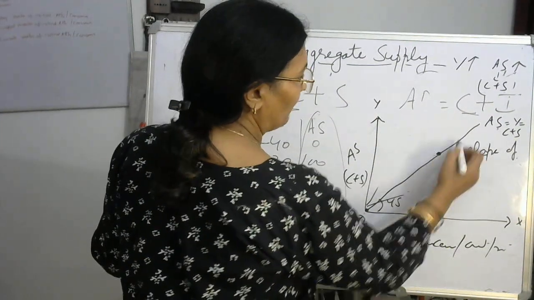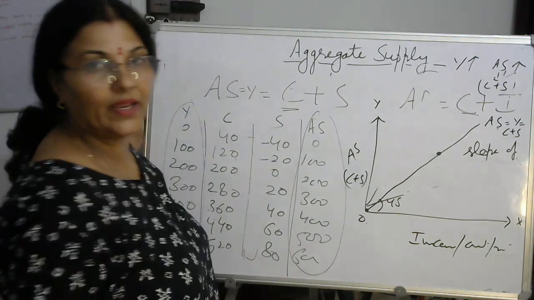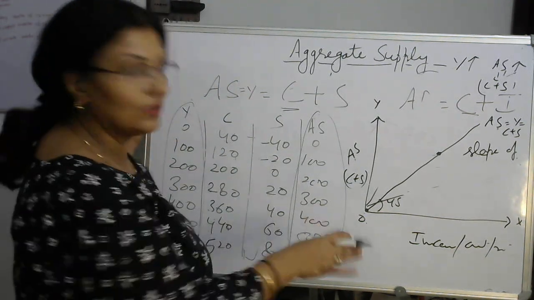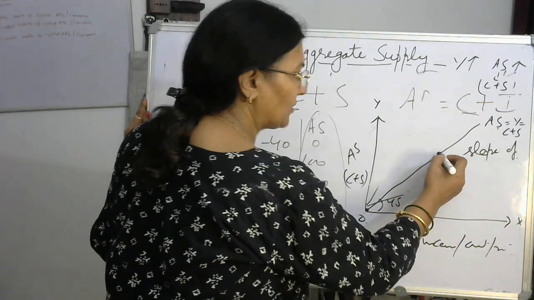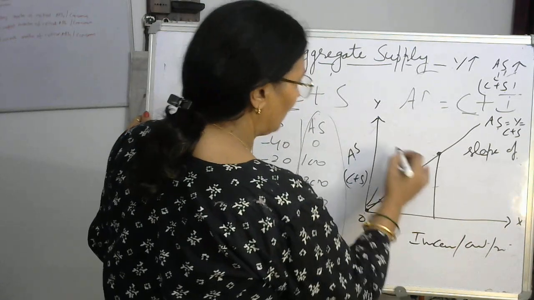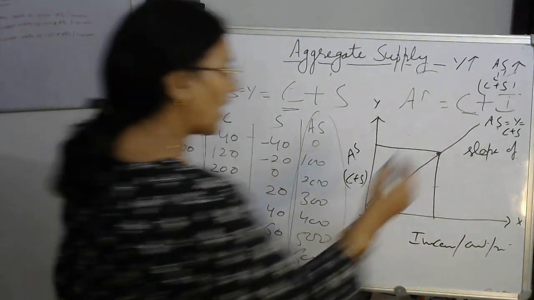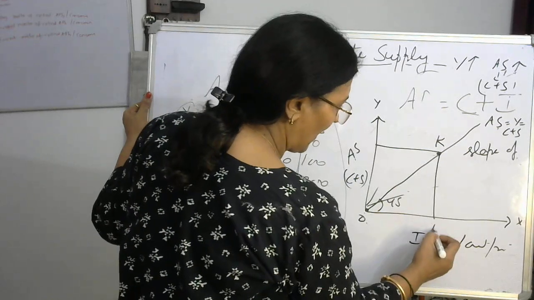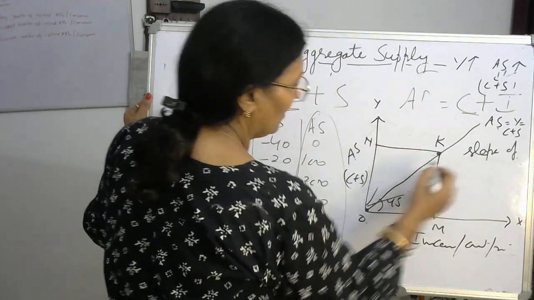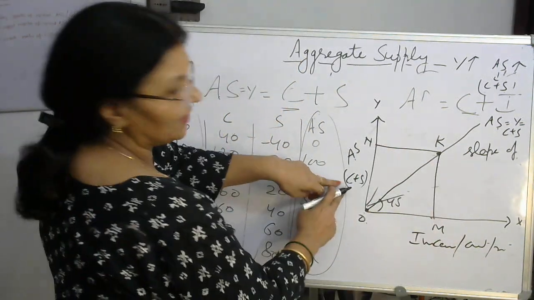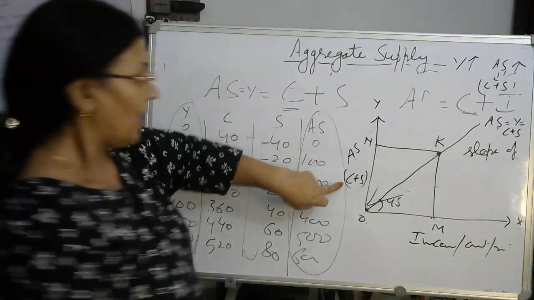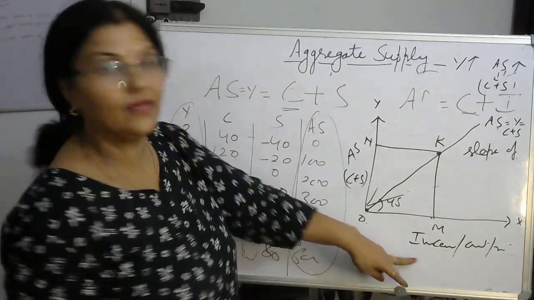The reason: if we draw the perpendicular from any point of the AS curve on both the axes, from this point on x and on y, then you will see that KM is what? C plus S, and ON is what? Income.